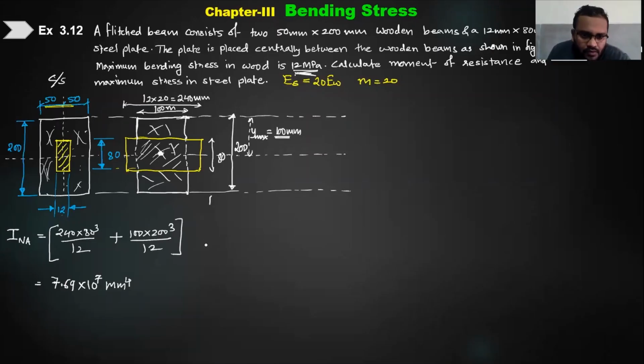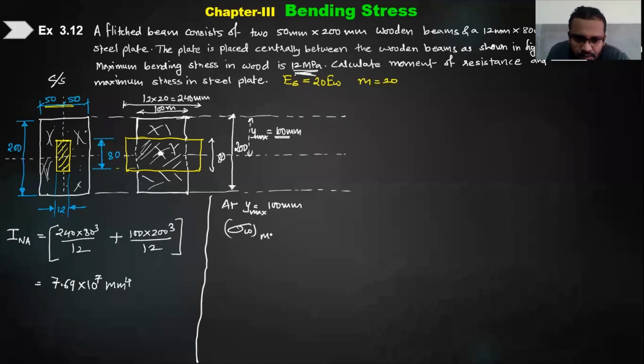So now, okay. So we know that at y equal to y maximum equal to 100 mm, sigma wood maximum is given as 12 MPa, right?